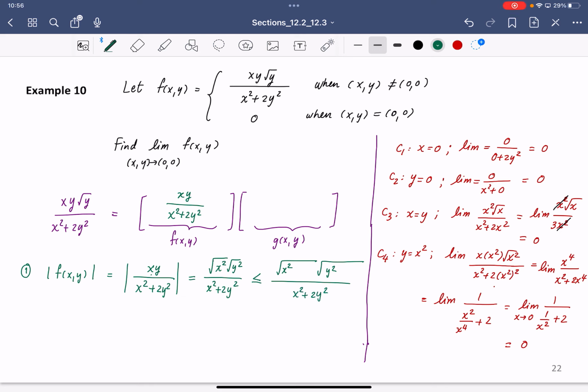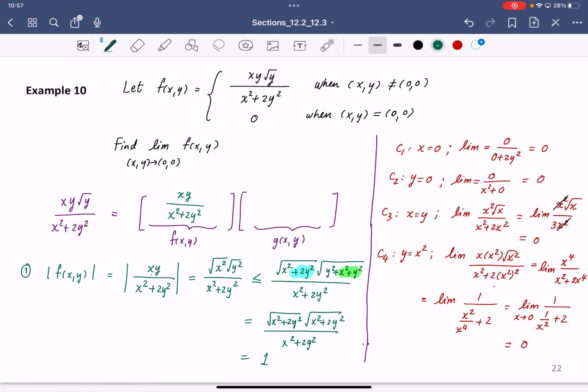Because I can add 2y squared here, it's okay. I can add 2y squared in the denominator, because this term is always bigger than that term. And for the y squared here, I can add one more x squared, one more y squared, so it's going to be the same thing. At the end, the second term is going to be bigger than this one for sure, and now everything cancels and you get 1.